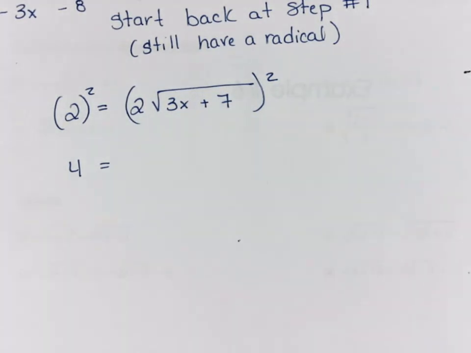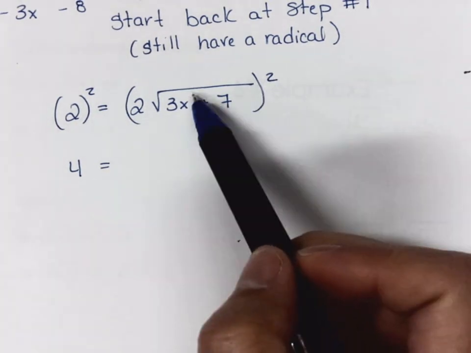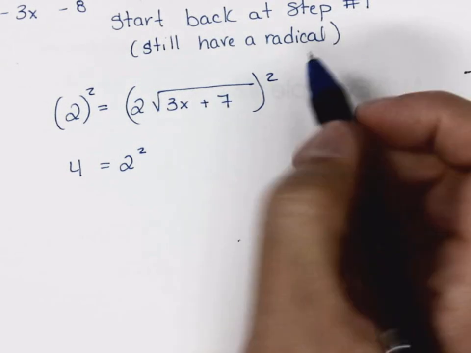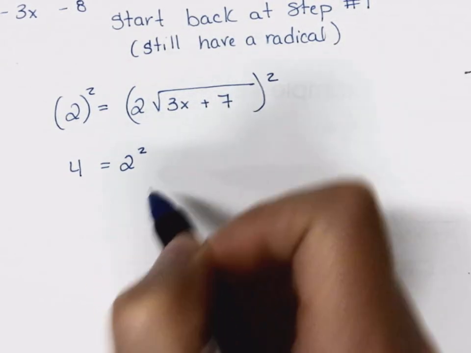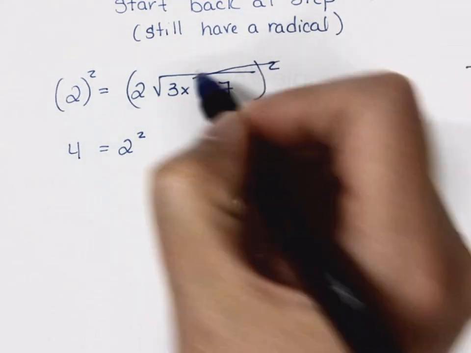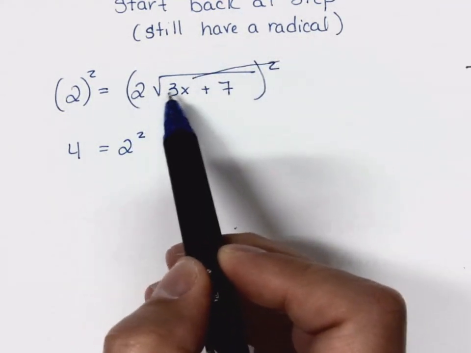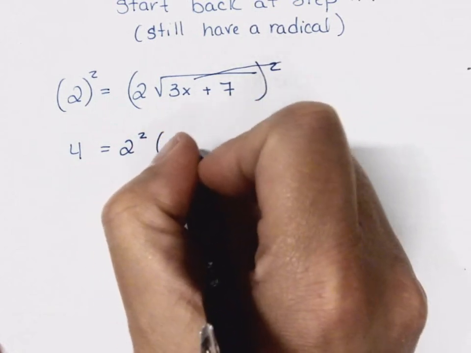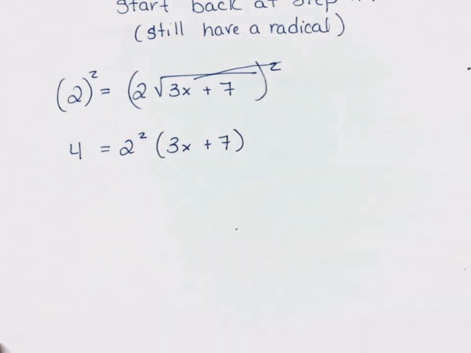You have to square it, right? Because this will cancel out this, but you still have to apply it here. So really you have 2 squared. So you got to keep that square there. People forget about that all the time. And then if this cancels out that, what do you do between the 2 and the root sign? You're multiplying, right? So you're going to multiply by the radicand.